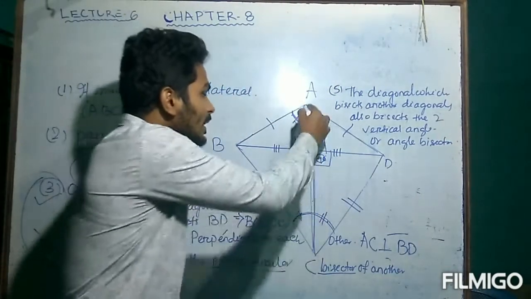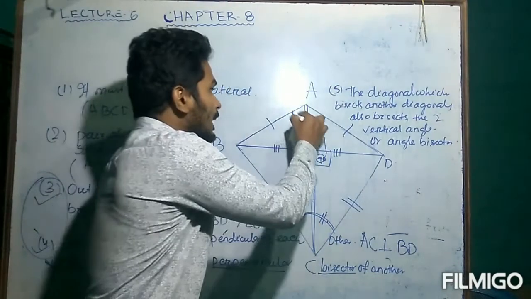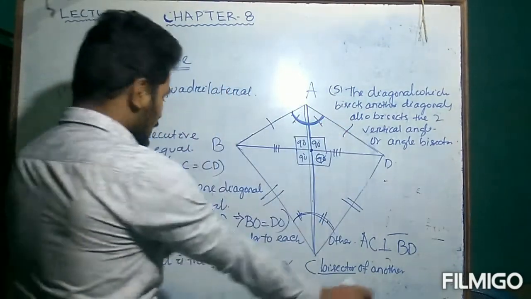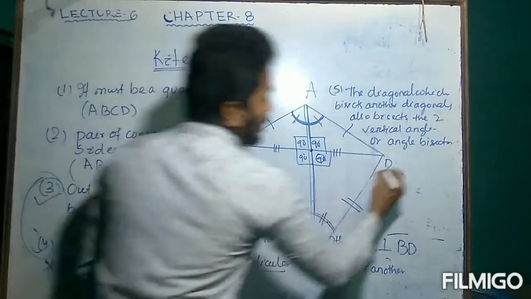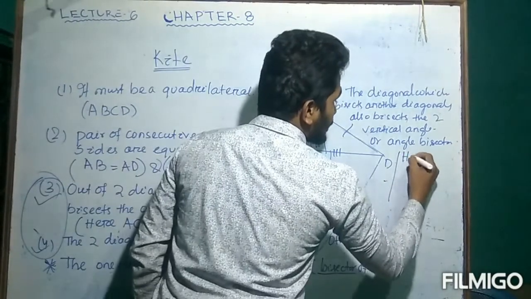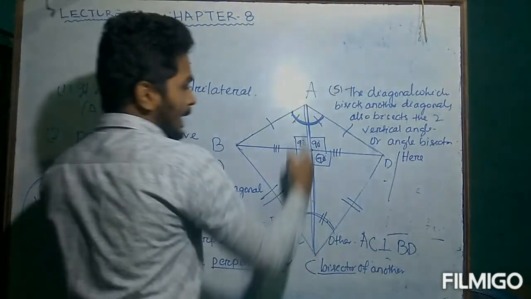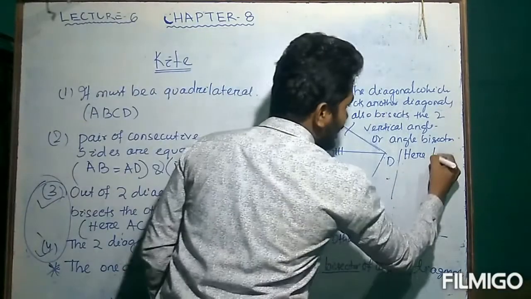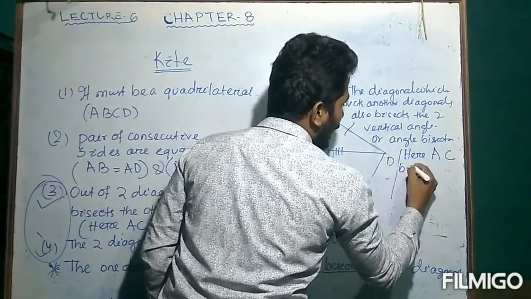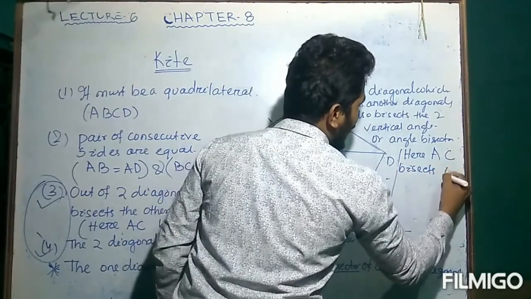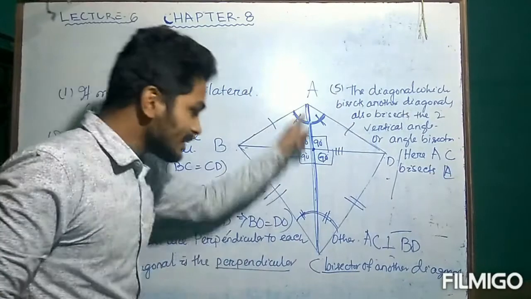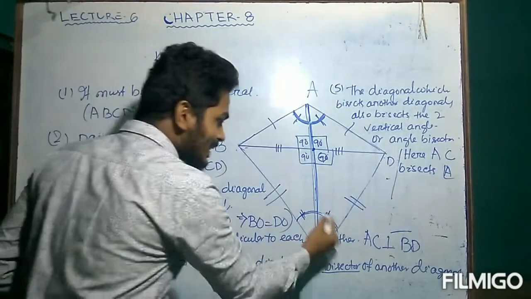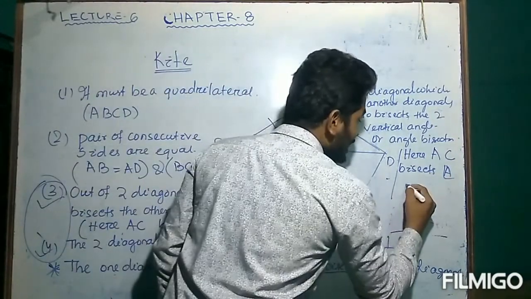Now here the diagonal AC bisects angle A. So here you can write, the diagonal AC bisects angle A. Similarly, this diagonal AC also bisects this angle, which angle?